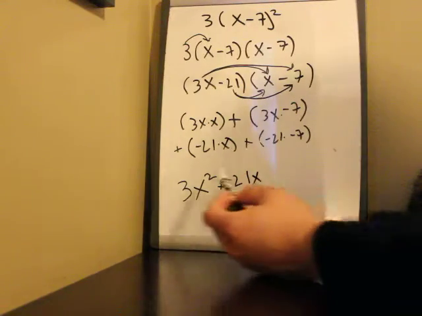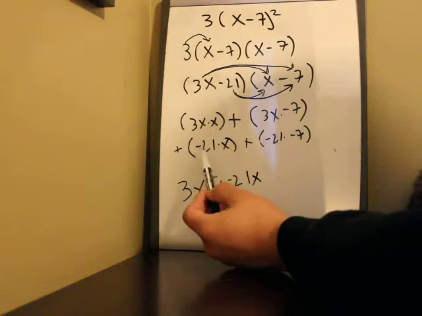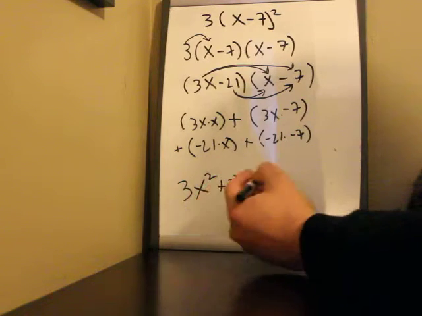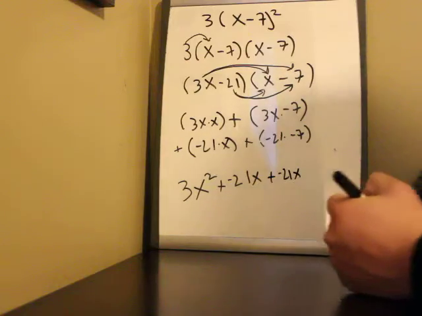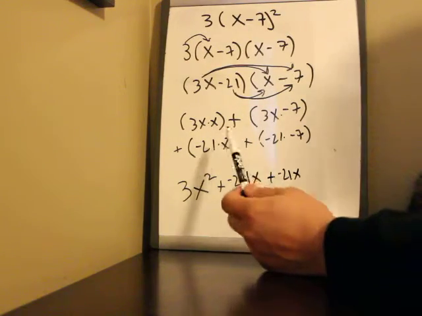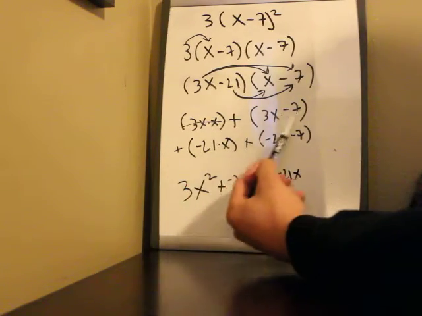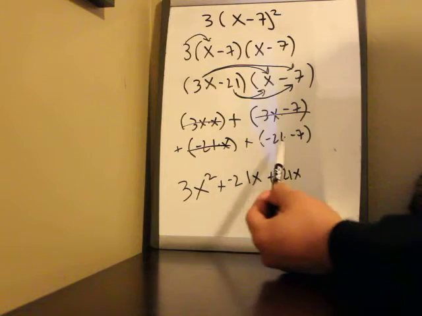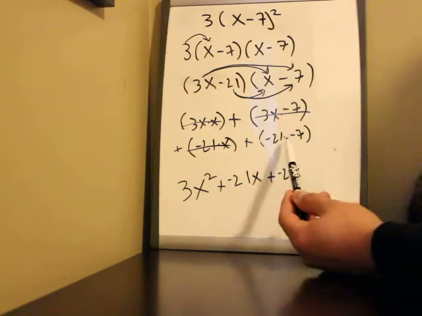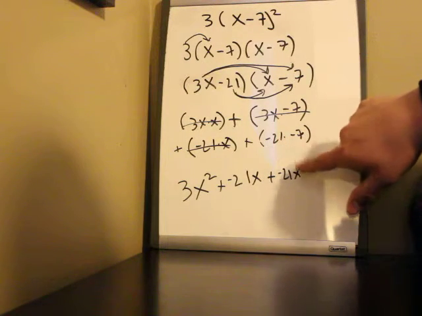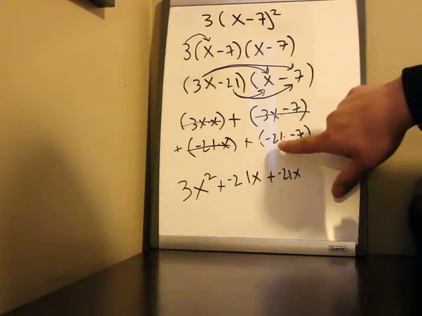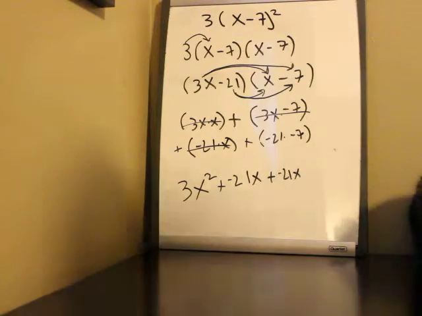Then we go down here, plus negative 21x. And so we took care of this one, that one, and this one, and then we get negative 21 times negative 7. Negative times a negative is a positive, and 21 times 7 is 147.